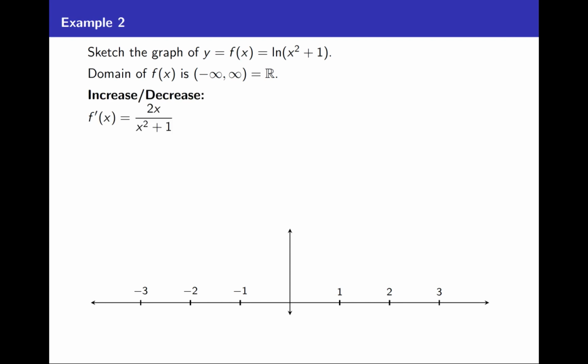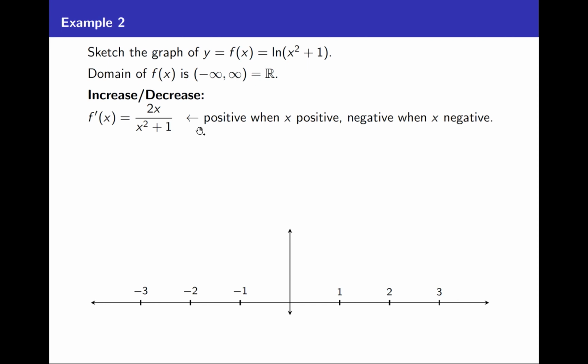For increase, decrease, we have to look at the derivative f prime of x. Now we know from our derivative rules, the chain rule and so on, the derivative of ln of x squared plus 1 is 2x over x squared plus 1. It's the derivative of x squared plus 1 divided by x squared plus 1.